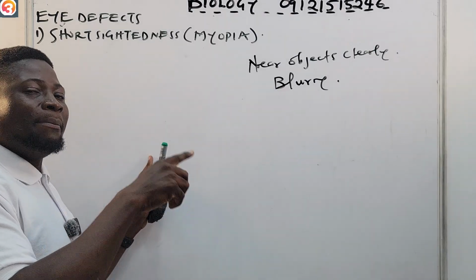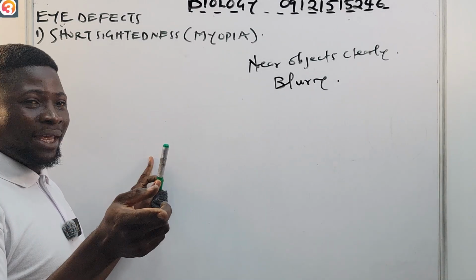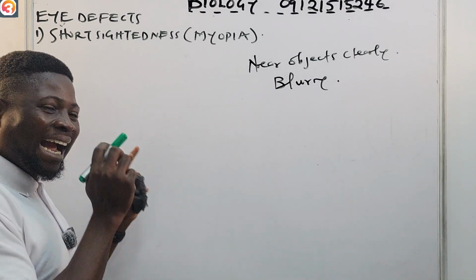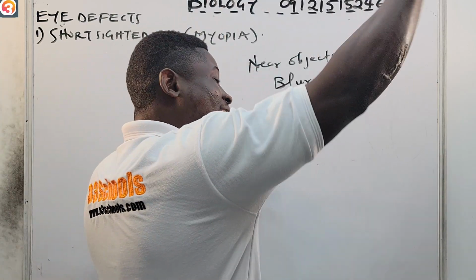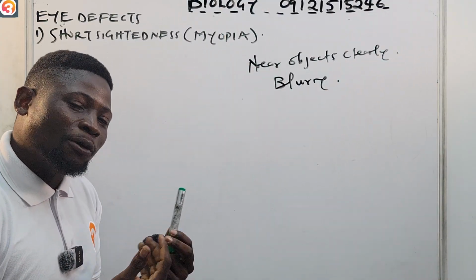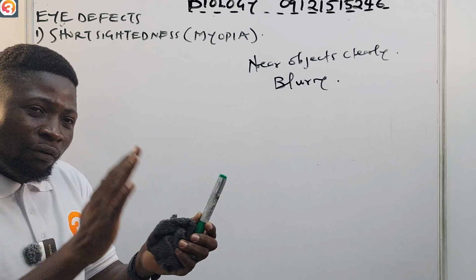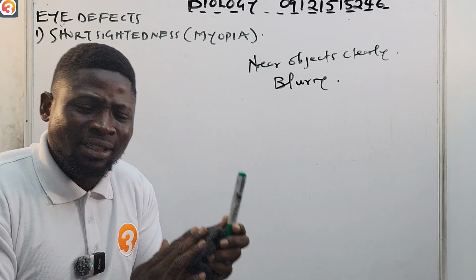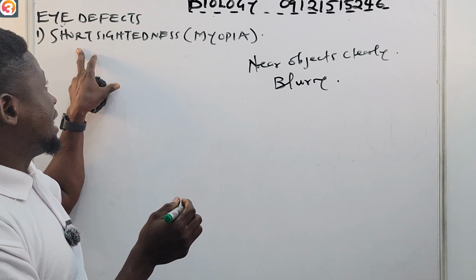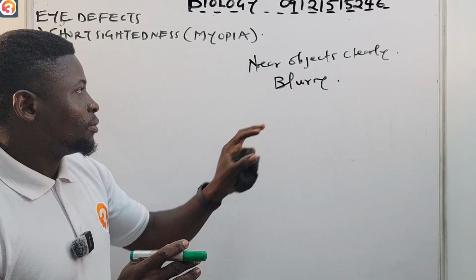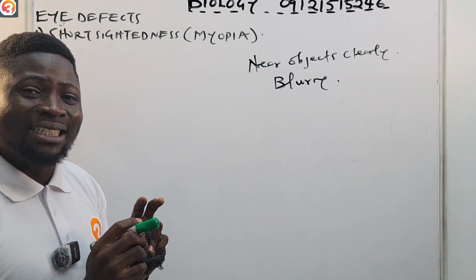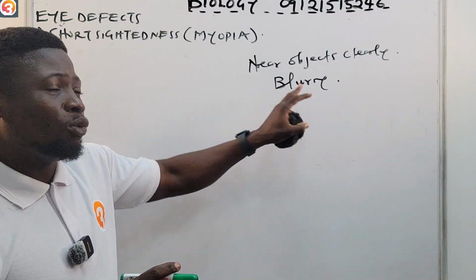Long-sightedness, or hypermetropia or hyperopia, is an eye defect where you can see distant objects, but you cannot see objects that are near. So never confuse short-sightedness with long-sightedness. In short-sightedness, or myopia, you can see near objects clearly, but you cannot see distant objects clearly. They become blurry.